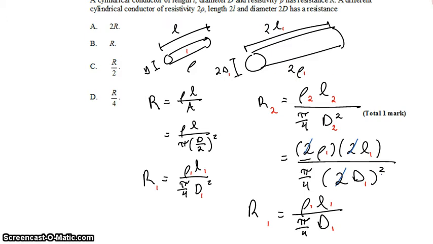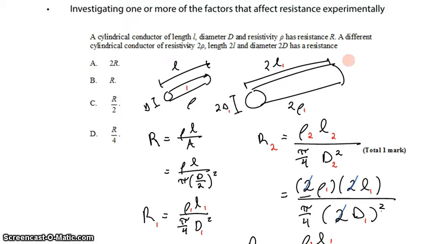So the fast way to answer this problem is just to recognize that length has a proportional effect on resistance, resistivity has a proportional effect on resistance, and diameter has a squared effect on resistance, so it has twice the proportional effect. So this too reduces the resistance as much as this doubling and this doubling. So overall there's no net effect on the resistance, it's the same. Both of these have the same resistance.